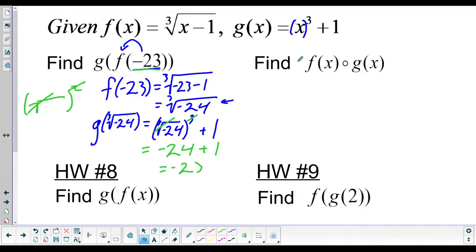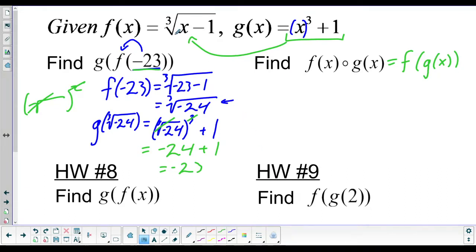But let's look at the composition of these two functions. We're going to do f of x with g of x, or f of g of x. We're going to take this g function and plug it into the f function.